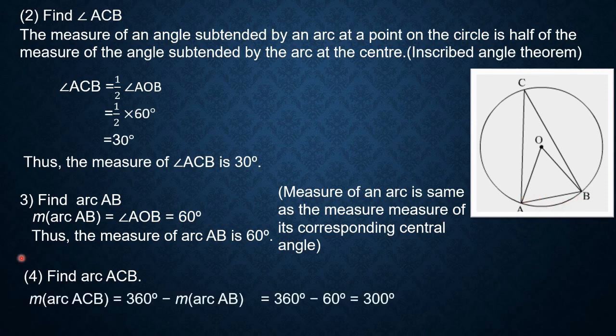So if we use the formula, measure of arc ACB is equal to 360 degrees minus the measure of the minor arc. We know the minor arc in this case is AB and the measure of the minor arc AB is 60 degrees. Therefore, 360 minus 60 will be 300 degrees. Hence, the measure of arc ACB is 300 degrees.